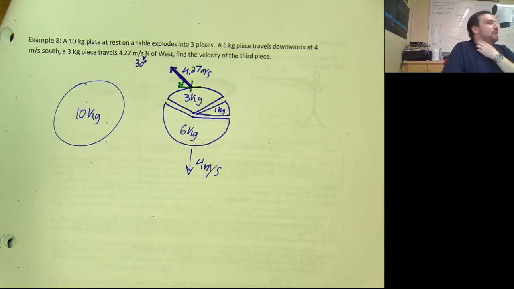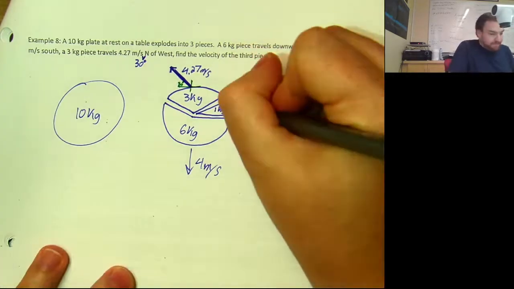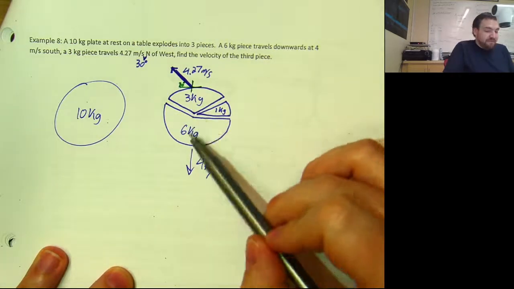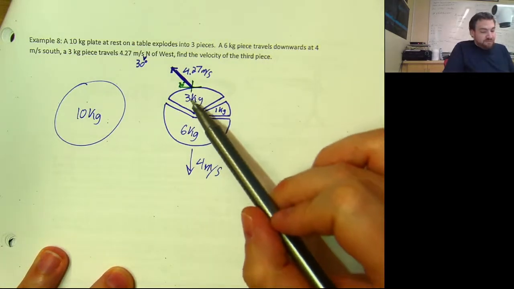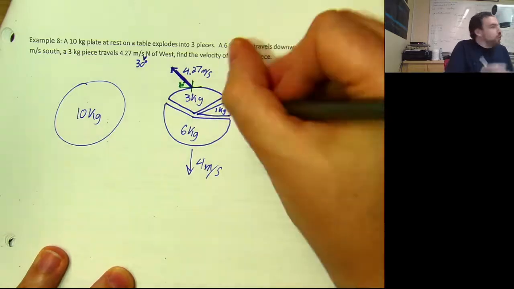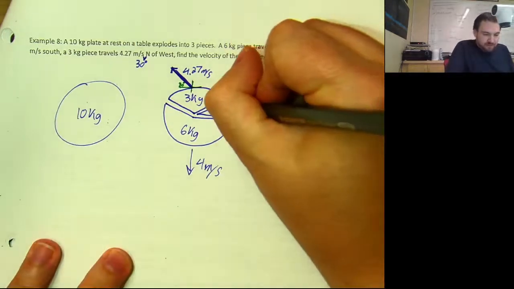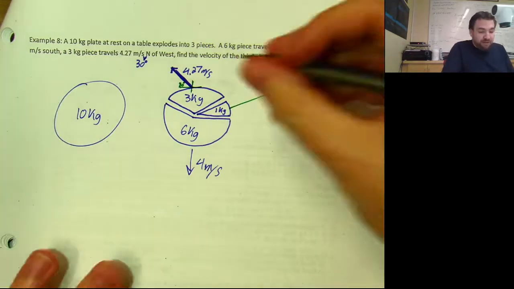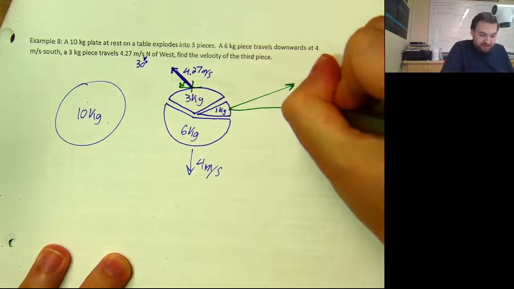It should be generally which way? To the right and probably up. We're not sure. It could be perfectly sideways. That depends on the momentum of this piece here. Let's assume it's going that way. And if we're wrong, the components will tell us.